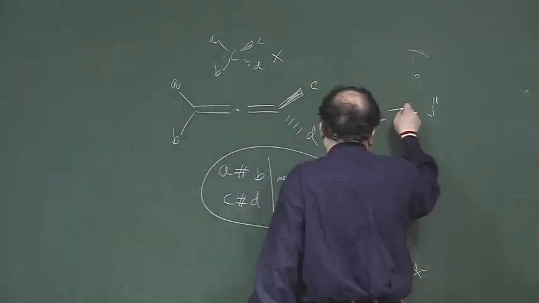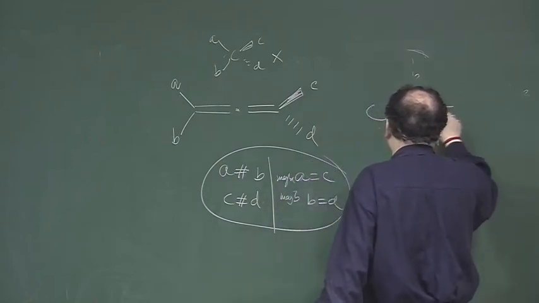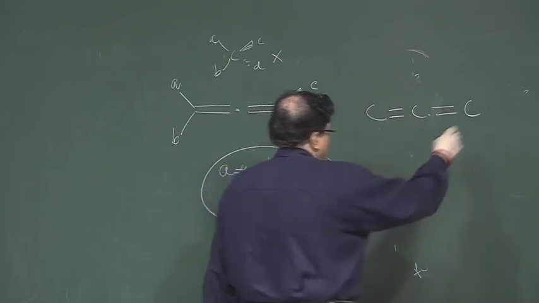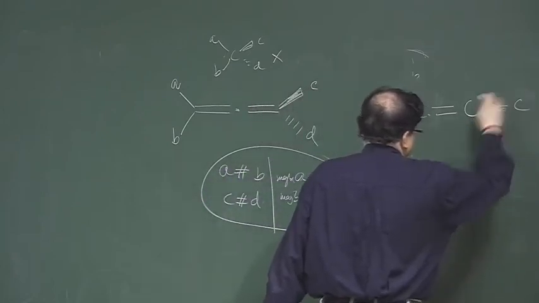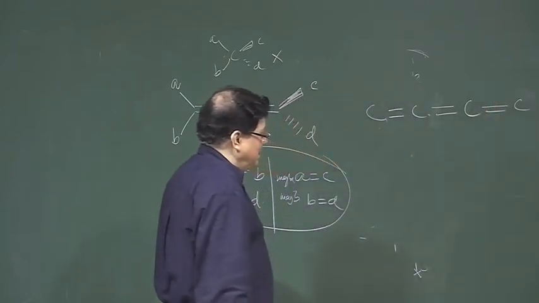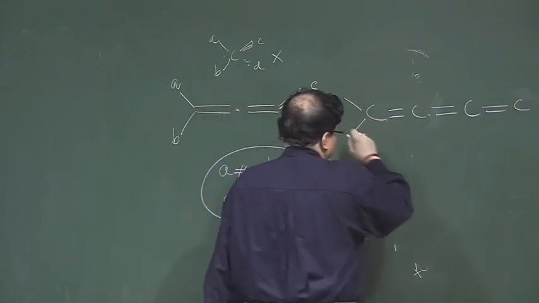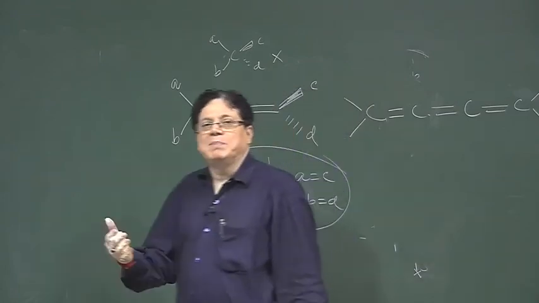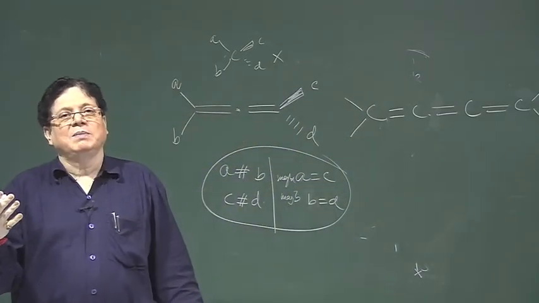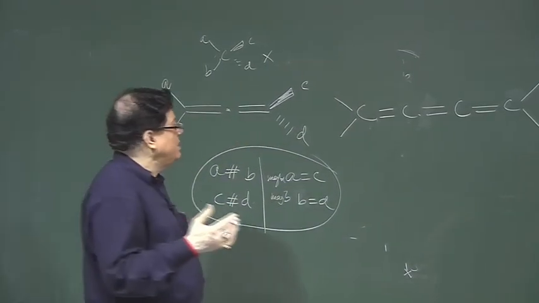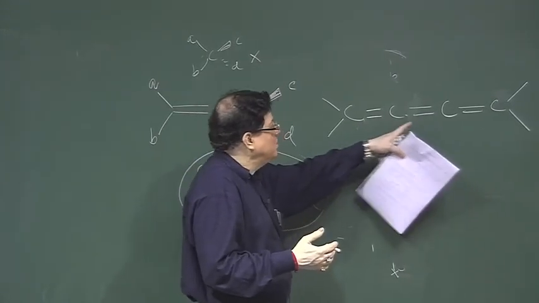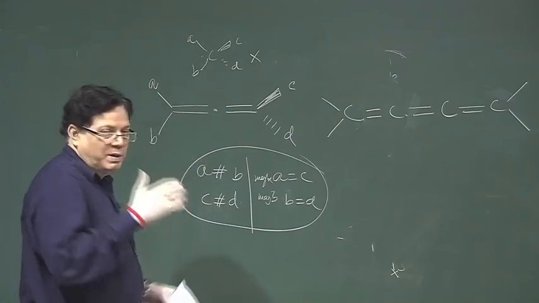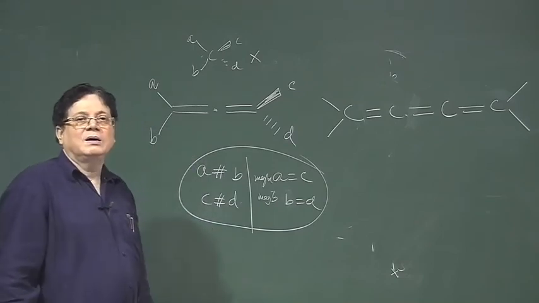Now, if you increase the carbon chain more, what happens? If you have a cumulene, the groups are again back in the same plane. Basically, it depends on the number of pi bonds, which decides whether the groups at the 2 ends will be orthogonal or in the same plane.